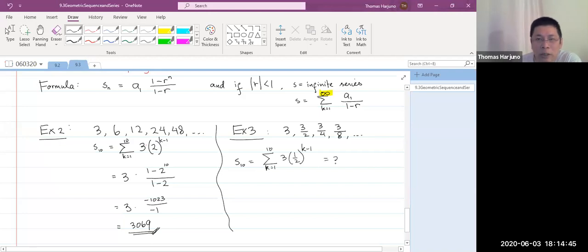That will be 3 times 1 minus 1/2 to the 10th over 1 minus 1/2. It will be 3 times, at the bottom that's 1/2. On the top this is 1 minus 1 over 1024. Multiply by 2 on the top and at the bottom.